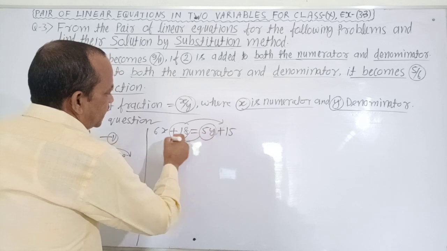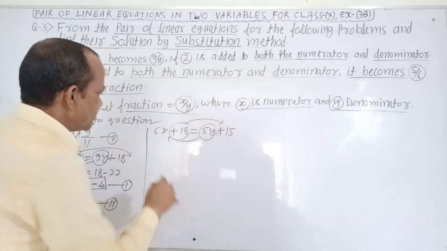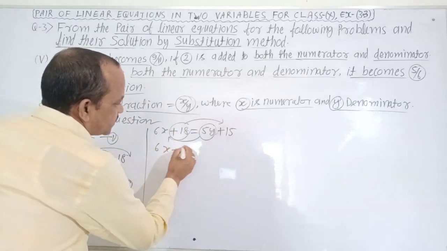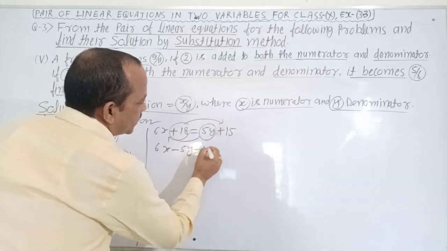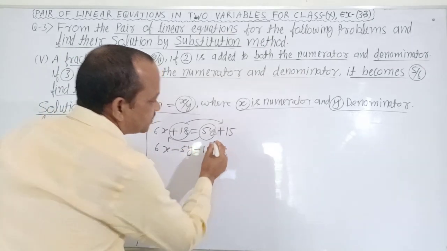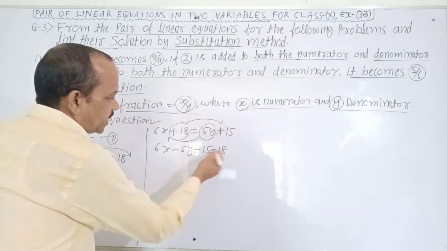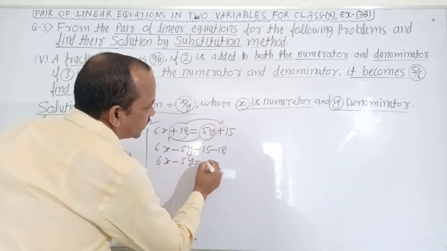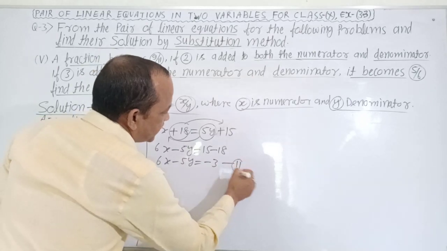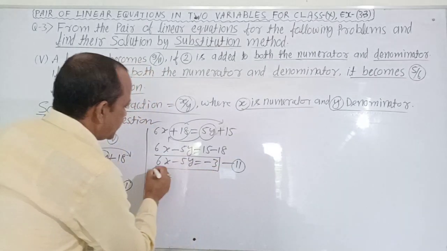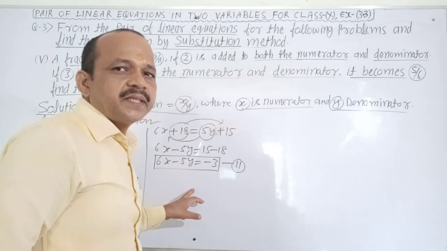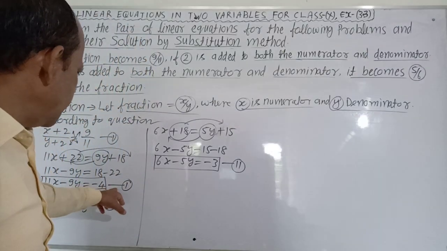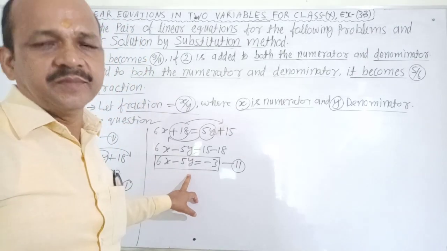5y, write on the left side of equal. It becomes 6x minus 5y equal to 15 minus 18. You subtract it. It becomes 6x minus 5y equal to minus 3. You find equation second. It is equation first, it is equation second.